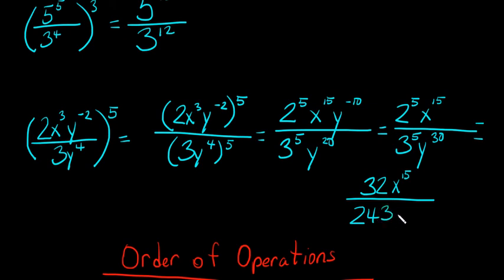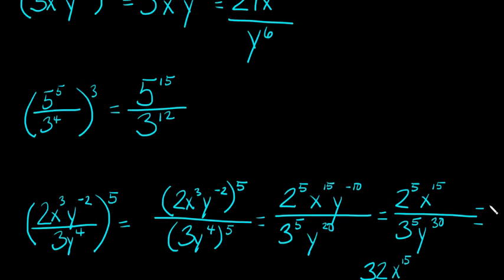And if I want to bring this up into the numerator, I know that I can say 32 over 243, x to the 15th, and if I bring it back up, it's y to the negative 30. I know that's a lot of stuff, but you're just doing these simple things that we've talked about up here. So let's move on down.